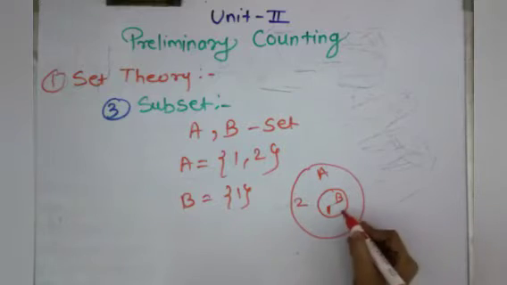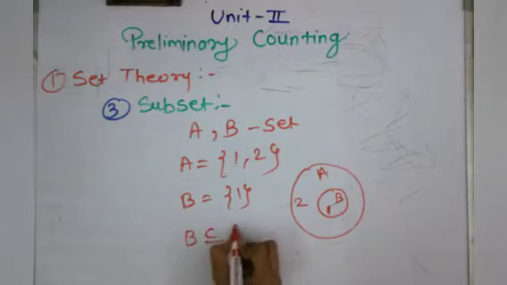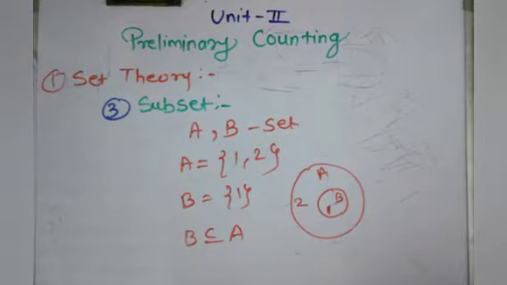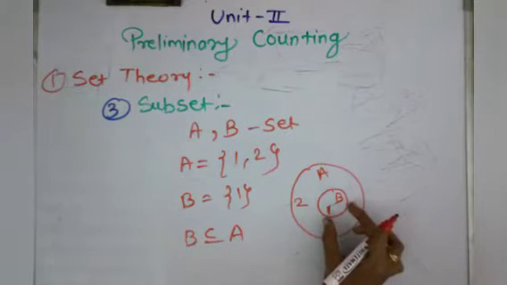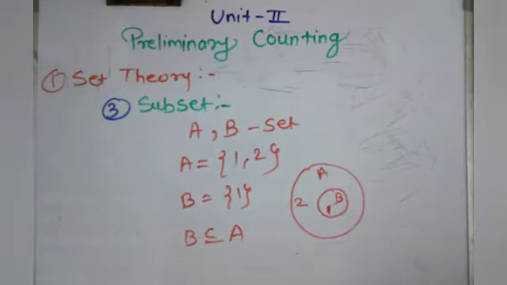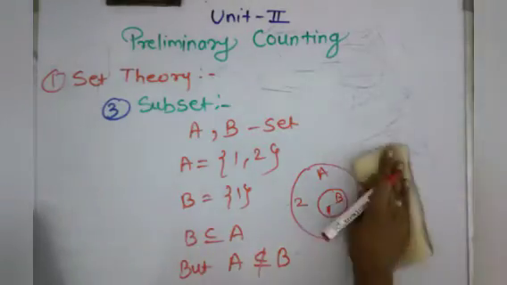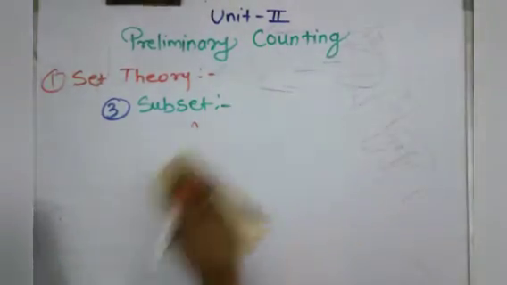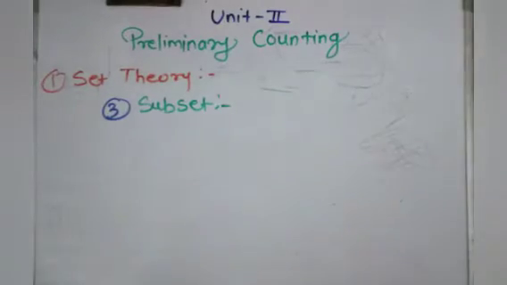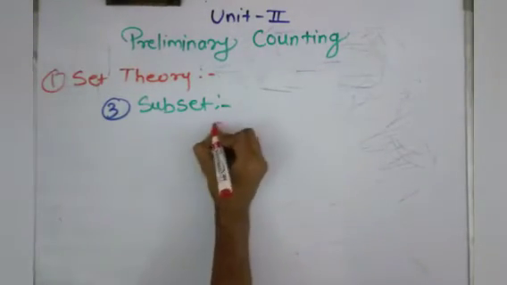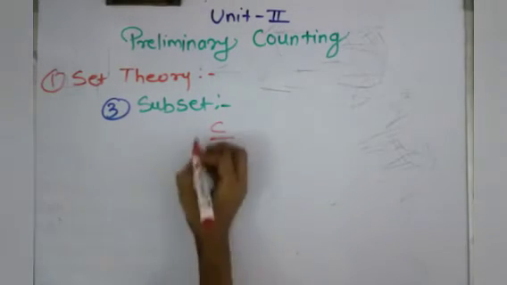Now we can say that B is a subset of A because every element of B is in set A, right? But A is not a subset of B because not every element of A belongs to B. Okay. And it is denoted by this symbol.